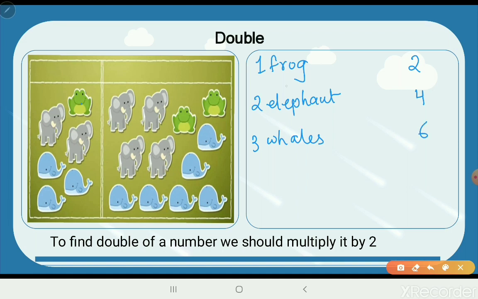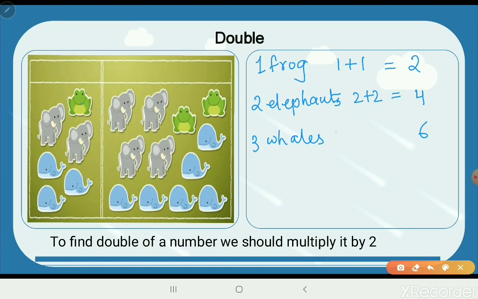Well, you see that in the first column there is one frog. If I am adding 1 to itself, I am getting 2. That number of frogs is there in the second column. In the same way 2 elephants were there, and if I am adding these two by itself, I am getting 4. That is again double.